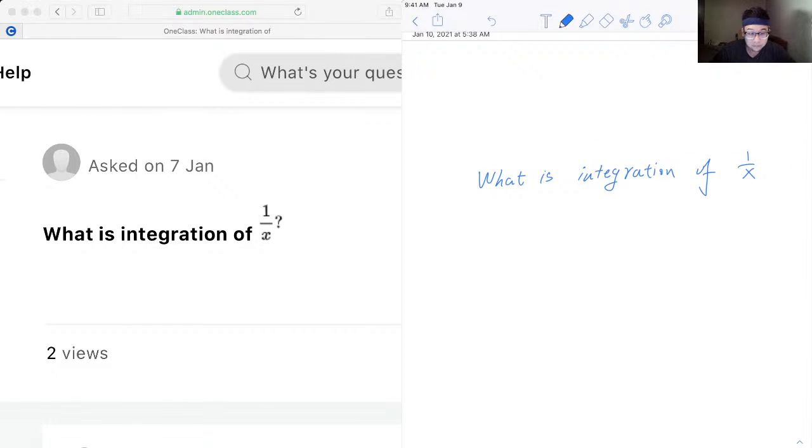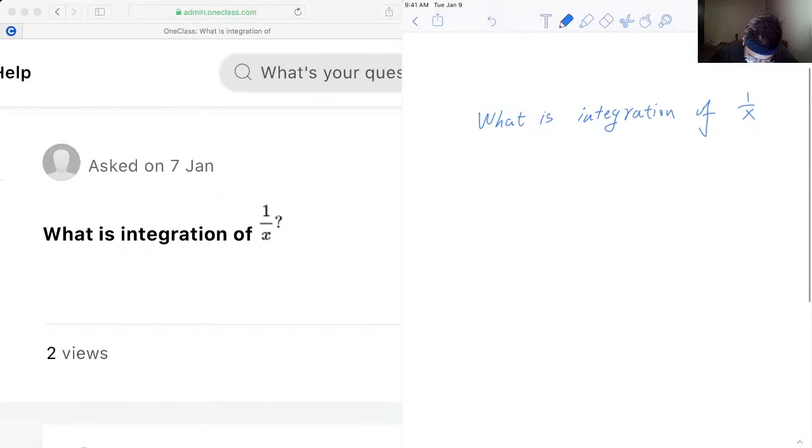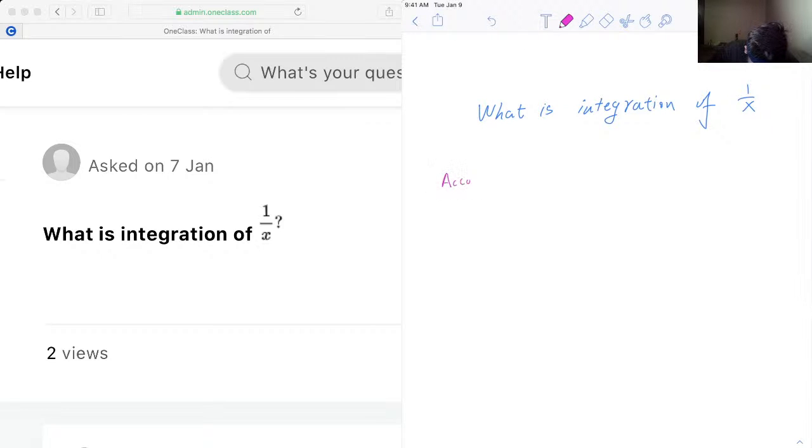According to the definition, ln x is equal to the integral with lower limit 1 and upper limit x of 1 over t dt, for x greater than 0.